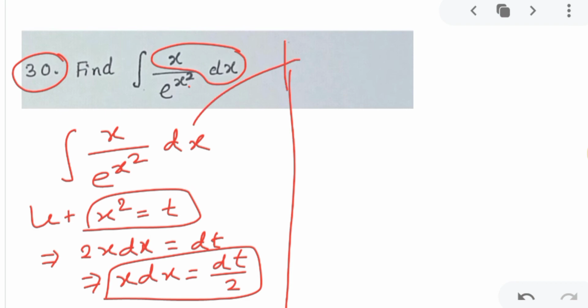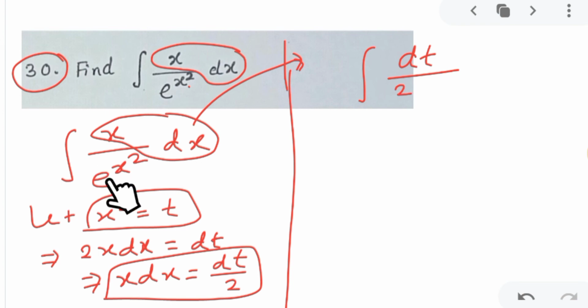I will get the integration of dt upon 2 over e to the power t, with the half outside. Since e to the power t is below, up it will come as e to the power minus t dt, correct.